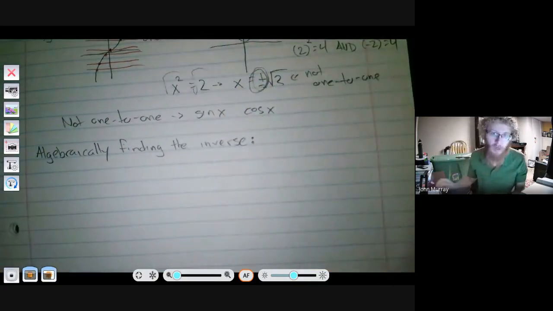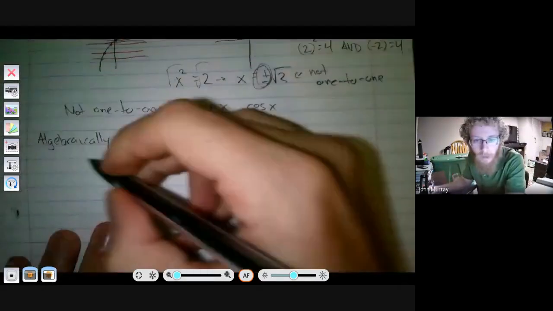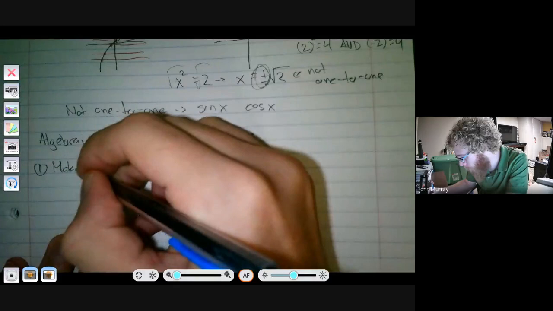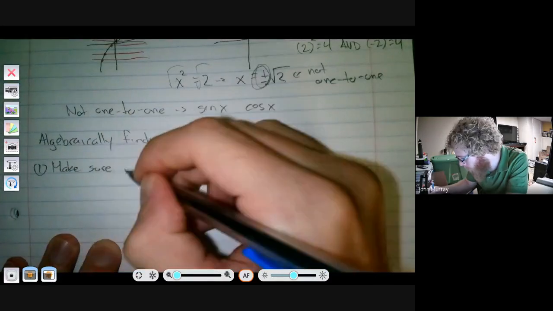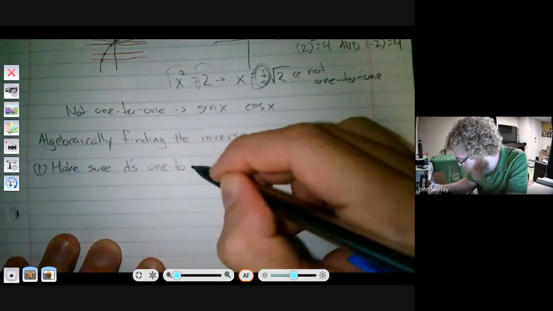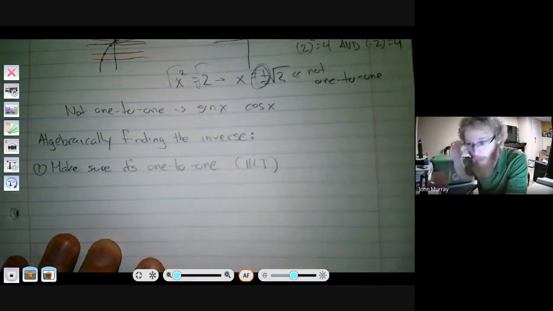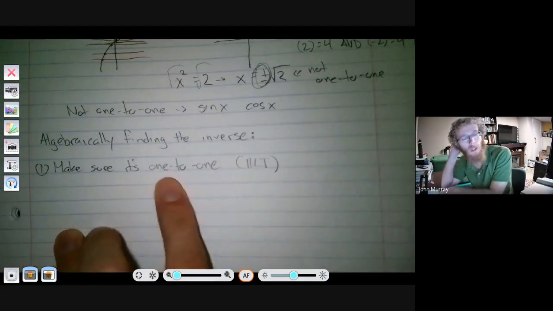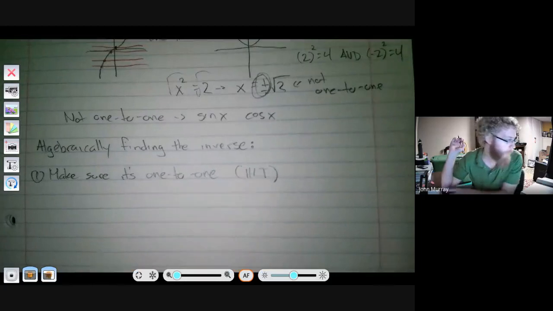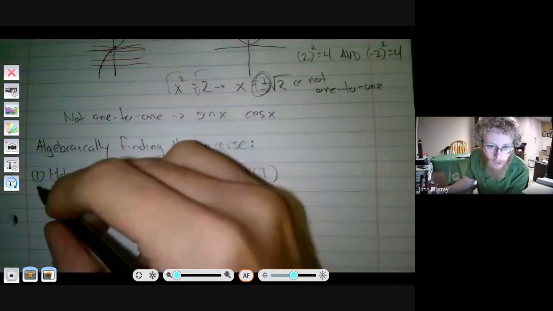So I'm going to give you some steps first, and then we'll take a look at an example. All right, the first thing is make sure it is one-to-one. So again, you can graph it out, and you can use the horizontal line test.